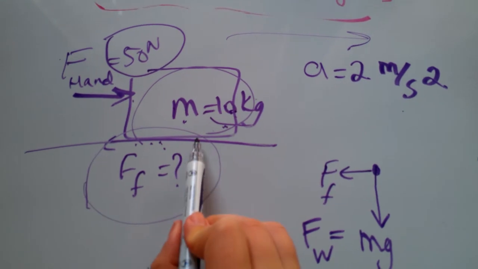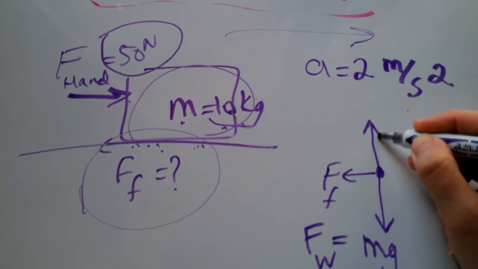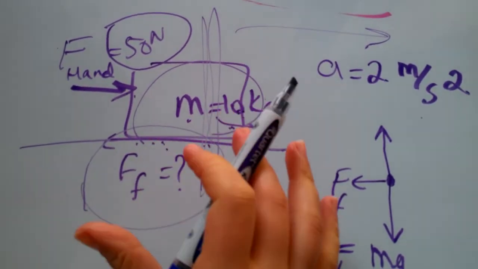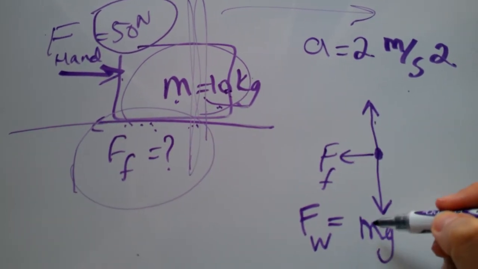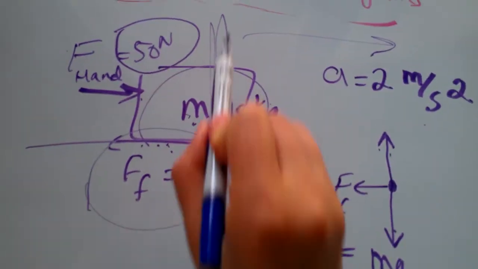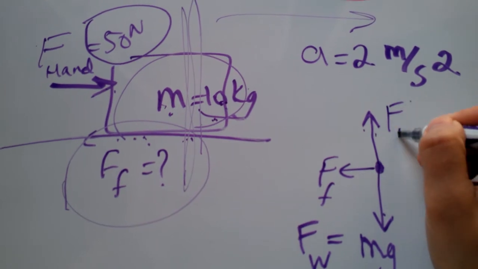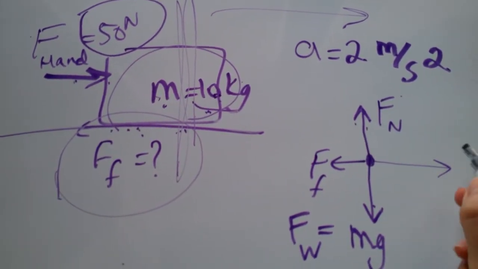Also, because of the floor, there is a support force, there is a normal force. And because I know this is not jumping up and down and it's staying still, I know the normal force is canceled by the weight, because these two have to cancel out so that this is motionless along the y direction. So this is normal force, and this is my hand that's pushing it.